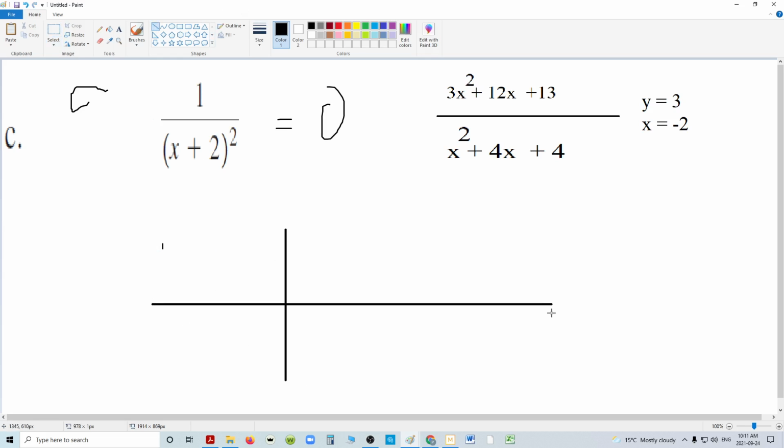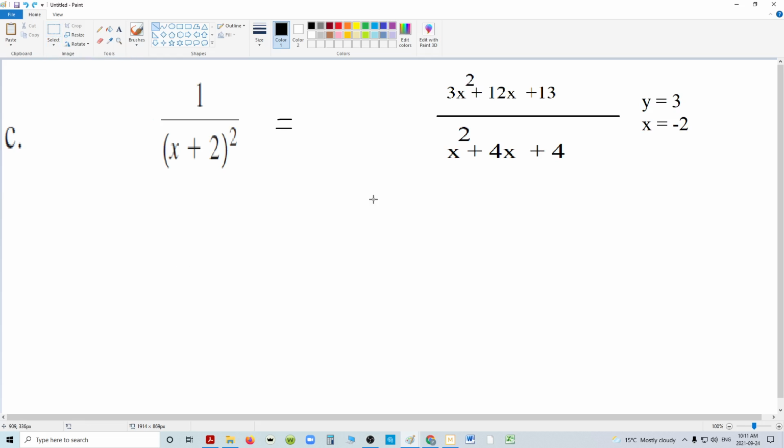Now, if I draw it, you should also go back and ask: does the original formula cross the y or x-axis? That's where this formula is more useful than this one, because figuring it out becomes quite a nightmare.